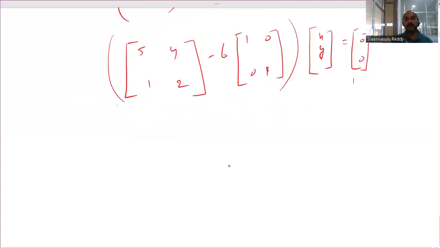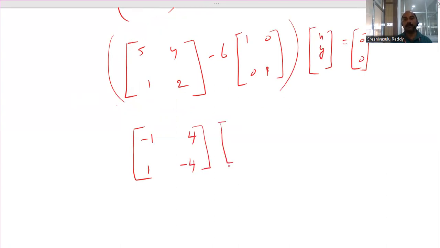Now simplify this matrix, we get minus 1, 4, 2, minus 4, times x, y equal to 0, 0.